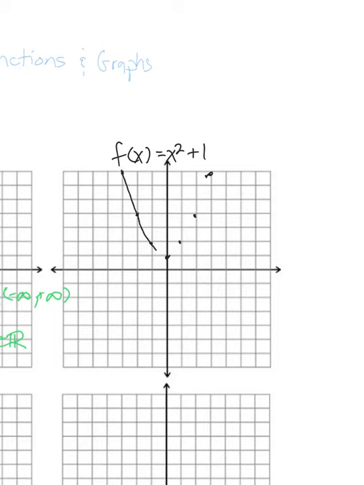So let's graph that like so. We know that it has a minimum. So if we analyze this, this has a minimum of (0, 1). That is our minimum and also our vertex.